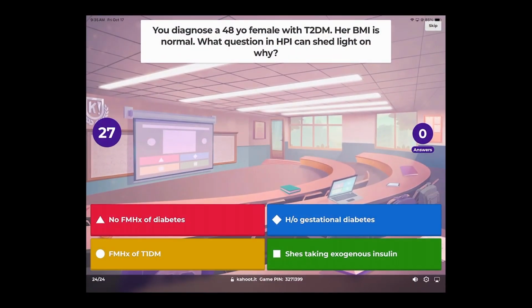Okay. 48-year-old female, type 2 diabetes, BMI is normal. What question in HPI can shed light on why? This is a history-taking question.